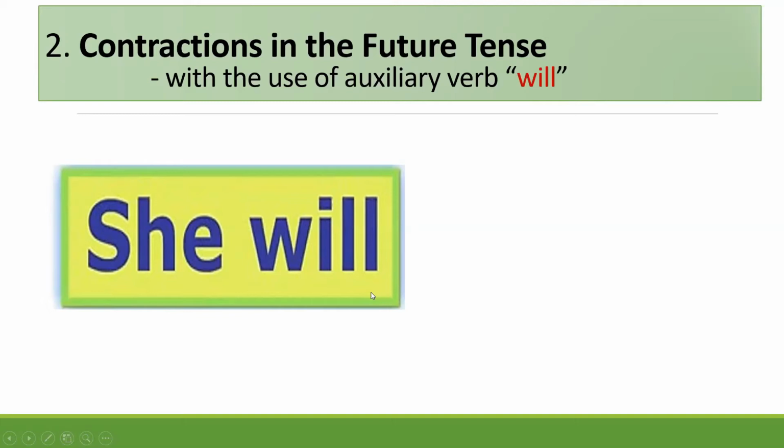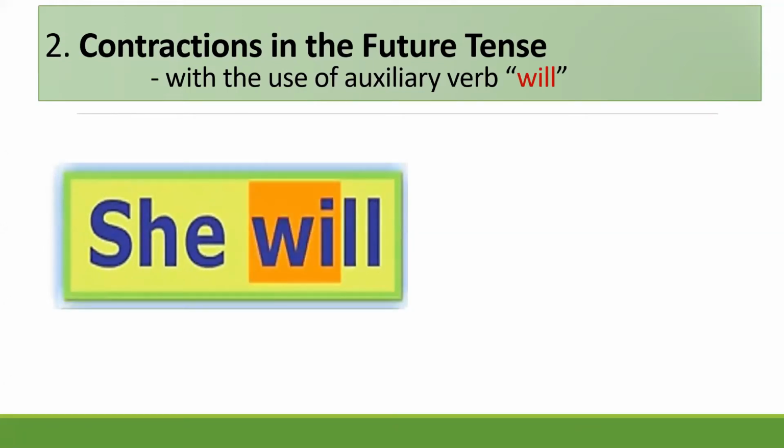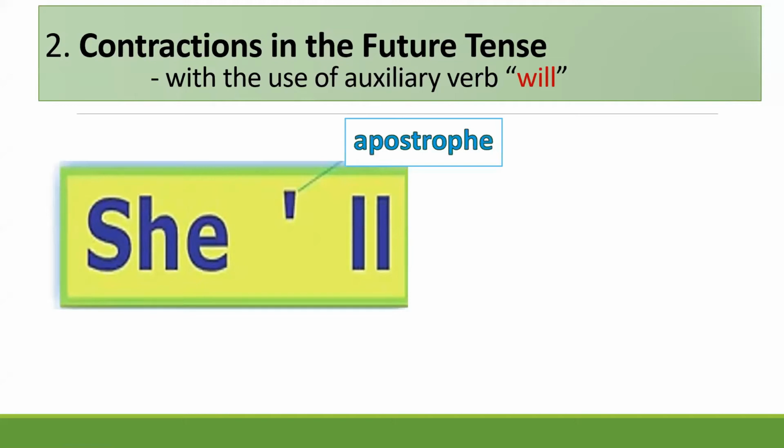To form a contraction in this phrase, we are going to cross out or remove the letters W and I. We remove W and I and then we replace them with an apostrophe.